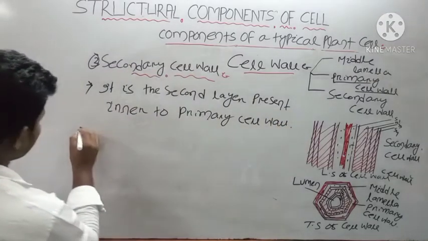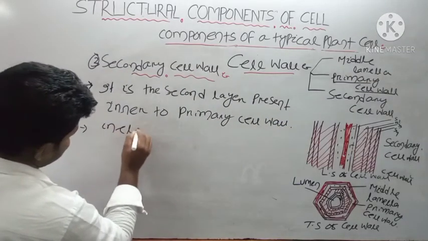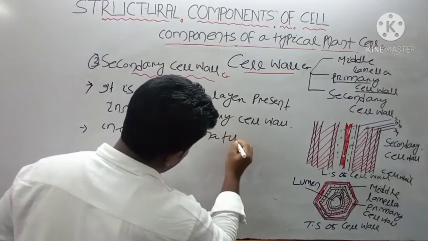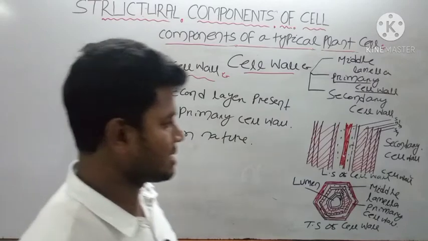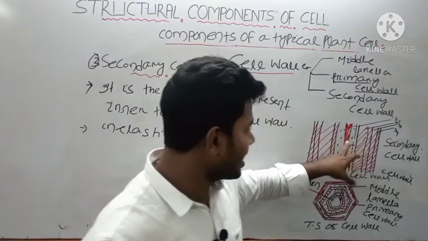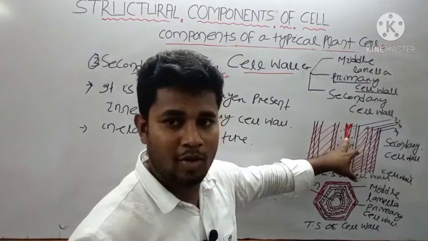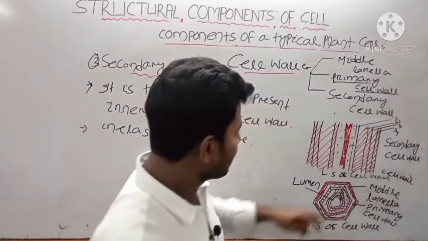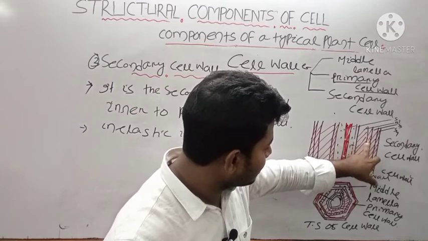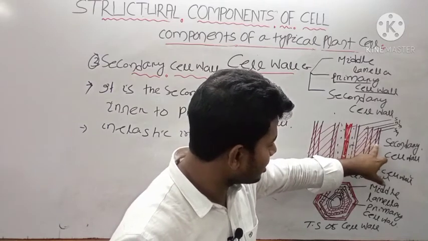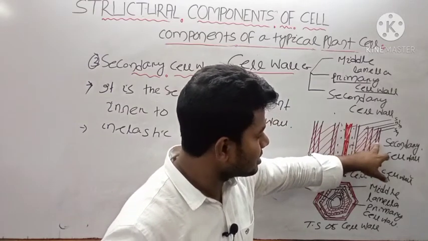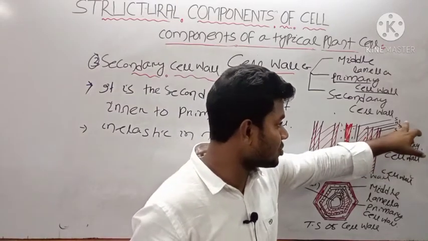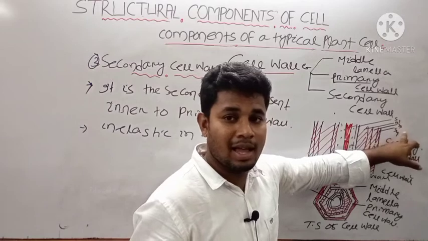The next point is that it is inelastic in nature. Okay, see the diagram. This is our middle lamella we have discussed. Then this is our primary cell wall. Then the secondary cell wall is again divisible into four parts, called S1, S2, S3 and S4.